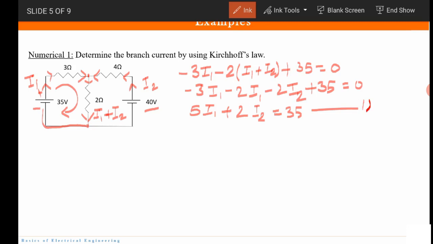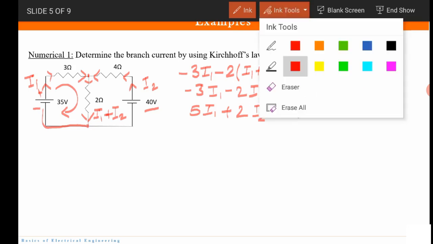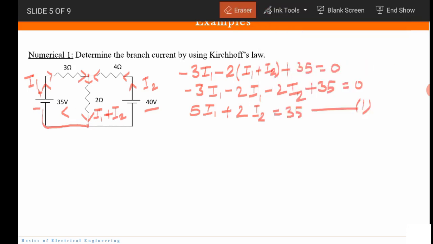Fine. So this becomes equation number 1. My first loop is over. So I'll erase this part because that is of no use to me now.